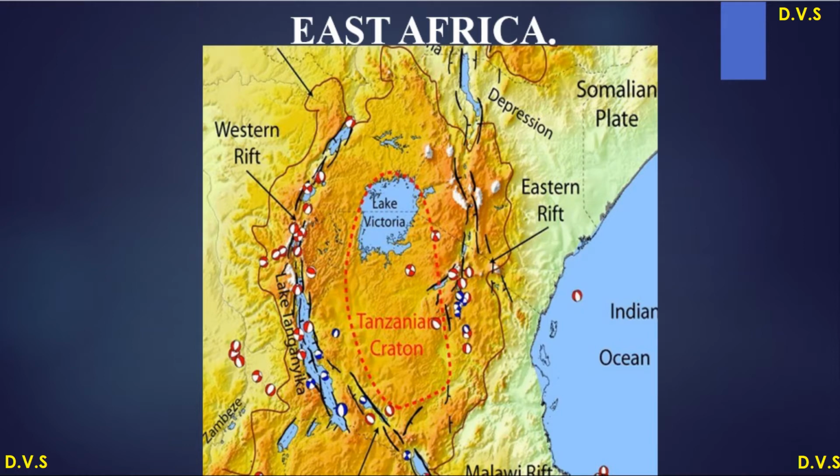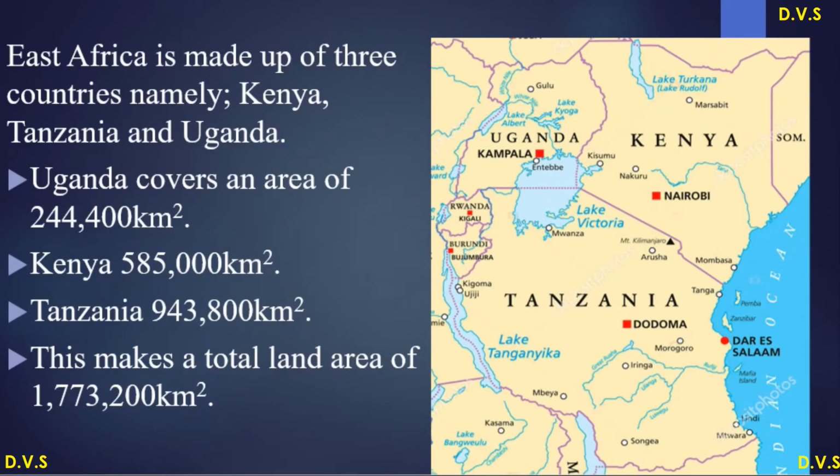But before we go deep into looking at the processes responsible, today we want to focus on the position of East Africa. East Africa is made up of three countries, namely Kenya, Tanzania, and Uganda. As you see clearly in the map, Uganda is the smallest with 244,400 kilometers squared, Kenya has 585,000 kilometers squared, and Tanzania has 943,800 kilometers squared.